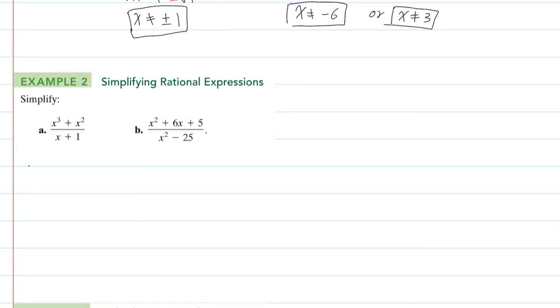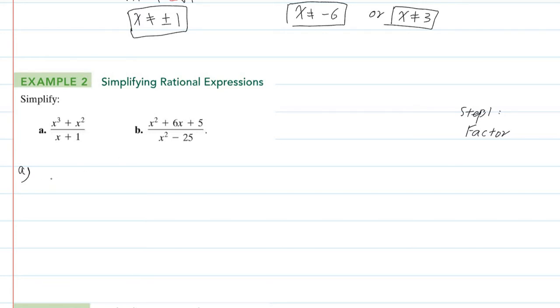So we're coming back, and I'm going to start with part A. When we simplify rational expressions, it's very straightforward. Step 1, you're just going to factor. You're going to factor the numerator, and you factor the denominator.